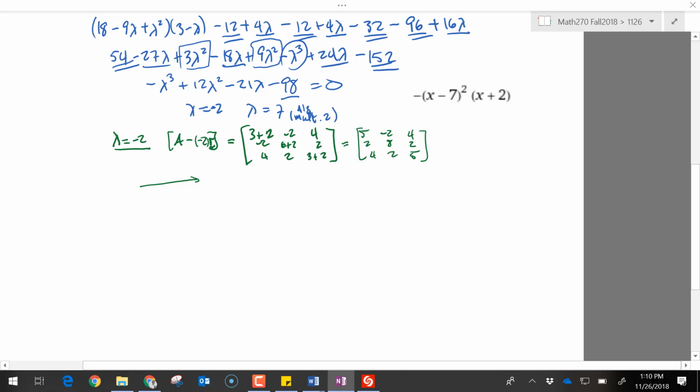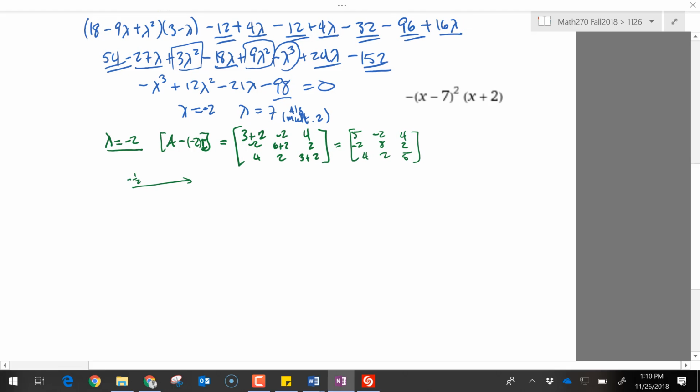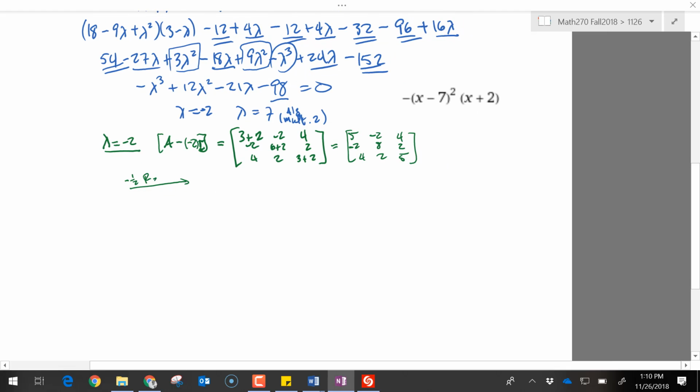So first, I'm going to take row 2 and divide it by 2, so let's get rid of that negative sign, might as well. Then I'm also going to switch row 2 and row 1.